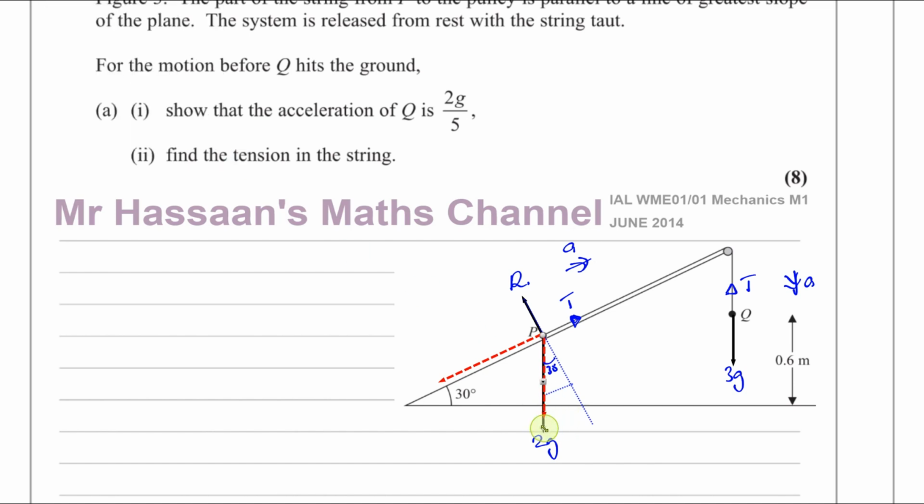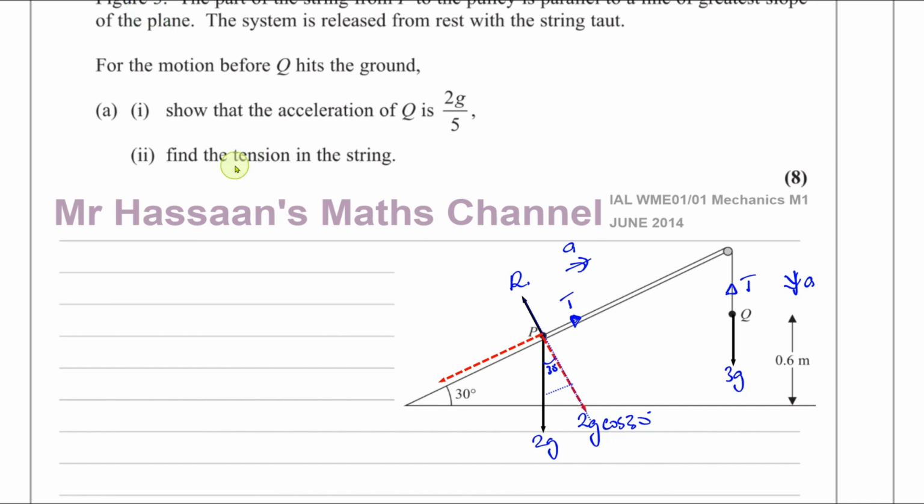All right, so if I was to resolve this force in this direction, it's like I'm finding the side which is adjacent. And you can think of it another way, which I like to think of it: we have to go through the angle that we're given. In that case, we're going to use cosine, like we're finding the adjacent side. So the component of the force perpendicular to the plane will be 2g cosine of 30.